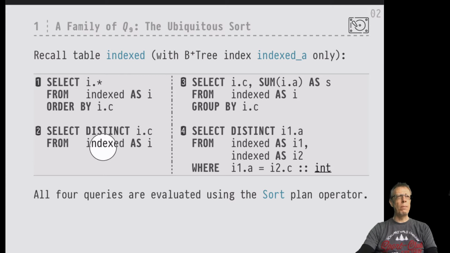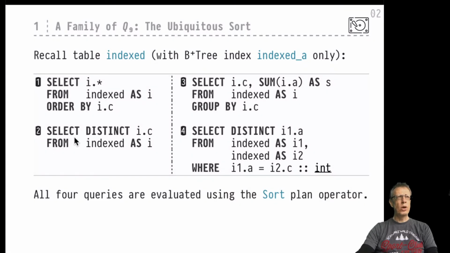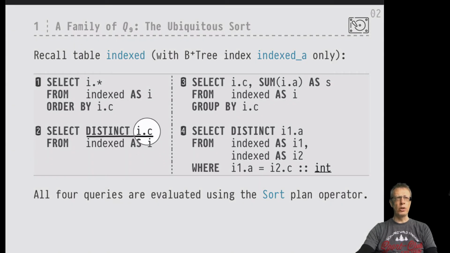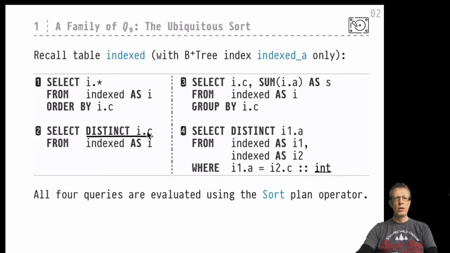The same happens when we look at this particular query. There is no order by clause in this query, but we are looking for distinct C values in the index table. And there are many ways in which you can evaluate such a distinct clause, but one way indeed is sorting. If we sort the rows of table indexed in C order, then all the rows with equal C values will be adjacent after the sorting has been performed.